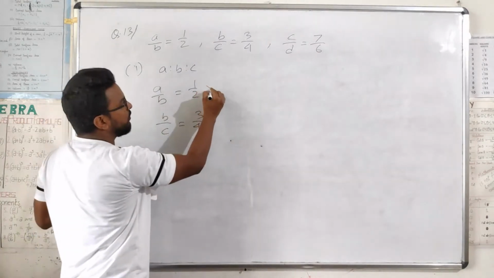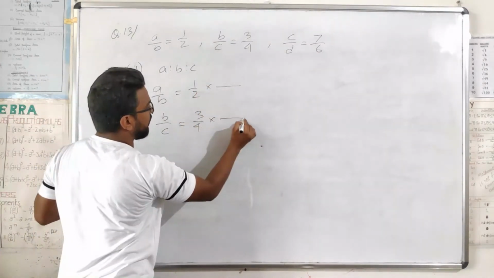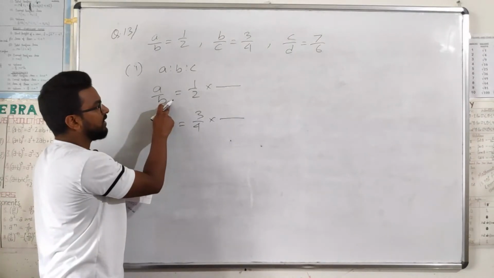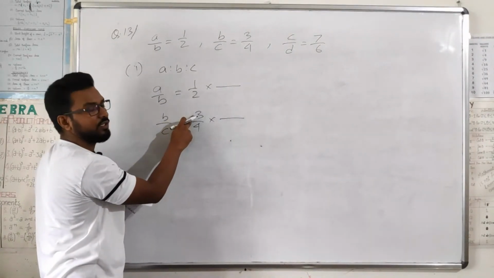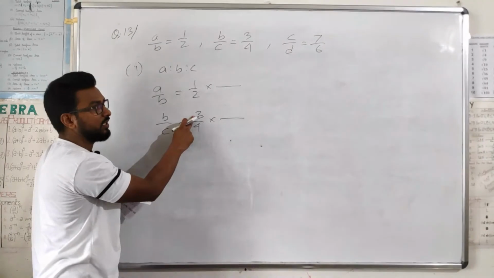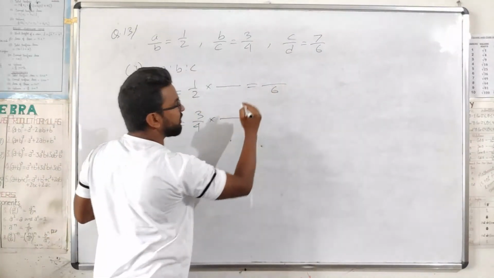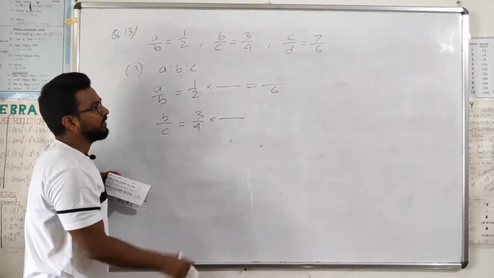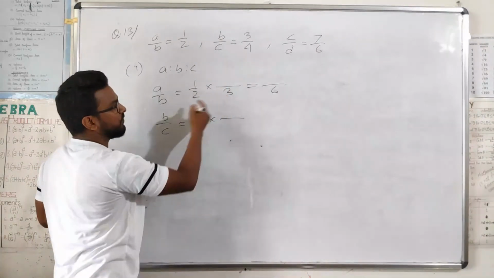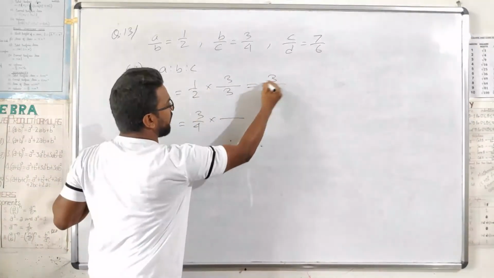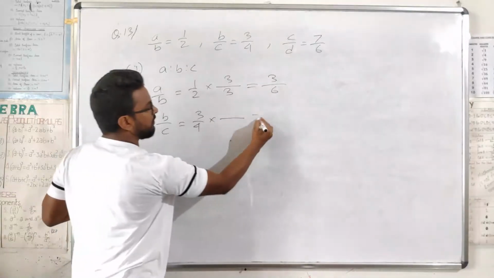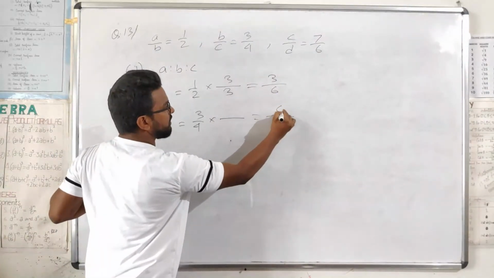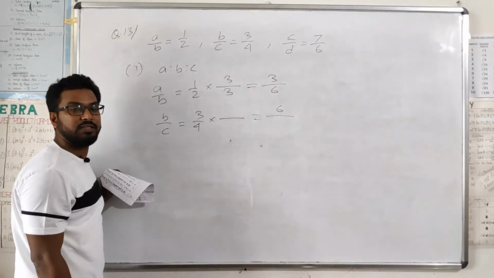Okay, so what we'll do to make the value of B same, we'll find the LCM of B, that is 2 and 3. 2 and 3 LCM is how much? 6. So the value of B will become 6. So you have to multiply with 3 here, and here also 3, so it will become 3. Now the value of B is 6, right? LCM is 6.